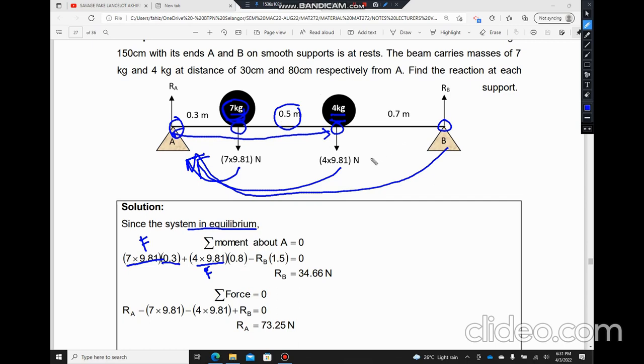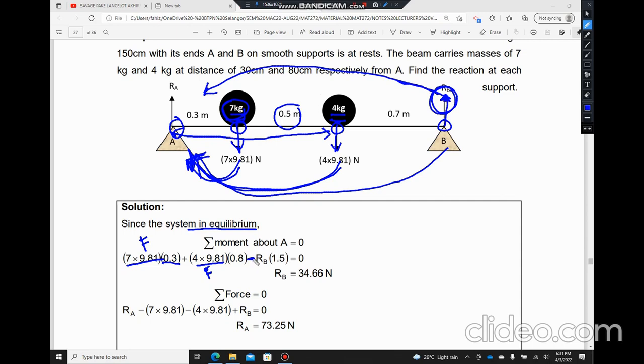Okay, then satu lagi untuk RB. RB ni dia akan jadi negatif. Why? Because yang ni kalau kita tengok balik, sebab daya dia ke atas, force dia ke atas, so dia akan bergerak ke arah sini. So kalau yang ni tak apa, dia ke bawah kan, dua-dua ni ke arah ni. Ni satu, yang ni satu. Tapi yang ni kena tengok betul-betul sebab force dia ke atas, so dia akan bergerak anti-clockwise.